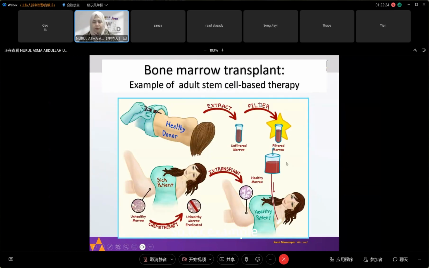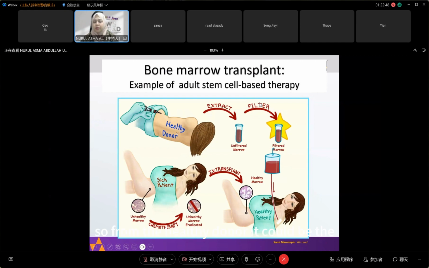So for example, you have the donor. So this patient most probably is a leukemia patient. If I look at the condition, this donor is donating the marrow.